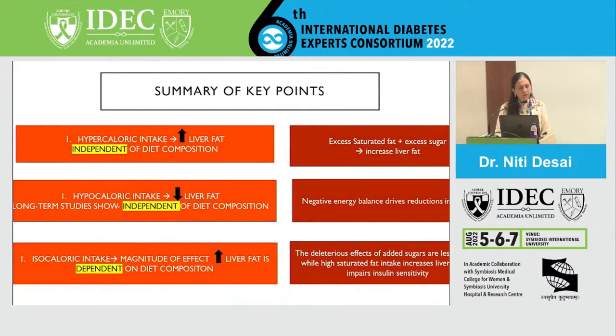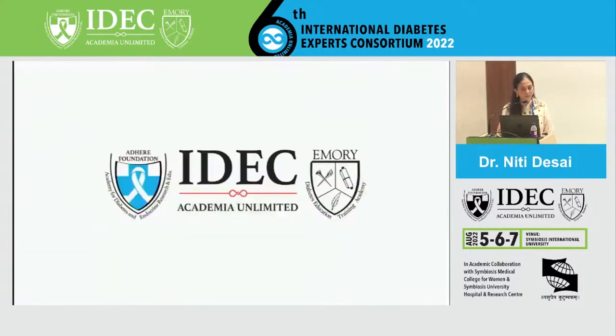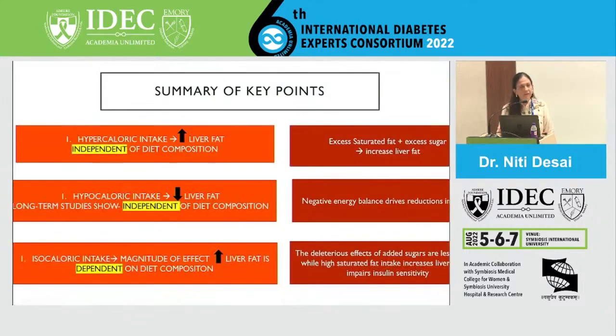So if we summarize these three kinds of studies: hypercaloric intake, when the caloric intake is high in obese individuals, the increase in liver fat is independent of the diet composition. Okay, the extra saturated fat and the sugars both lead to increase in liver fat. If you're looking at hypocaloric intakes, low calorie diets, there is a reduction in liver fat, and long-term studies have shown that it is independent of the diet composition.